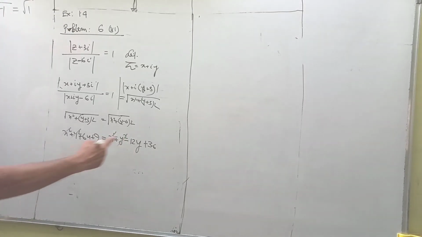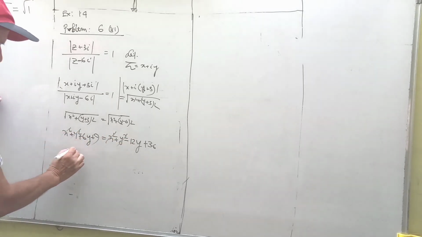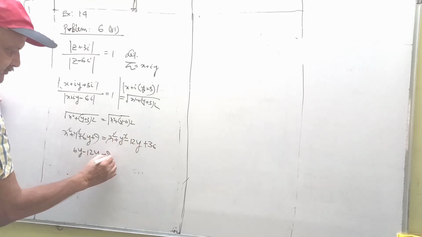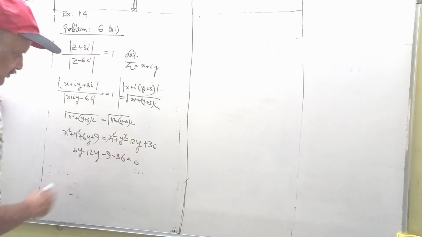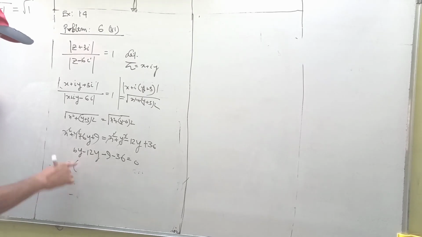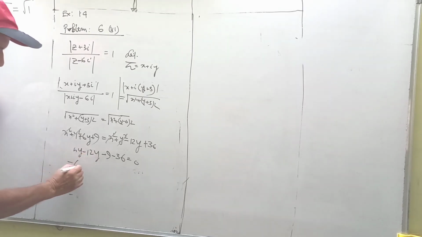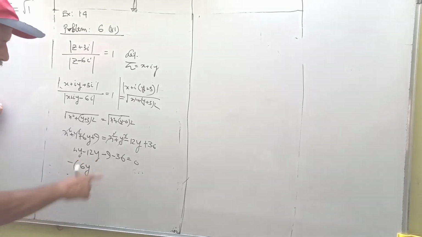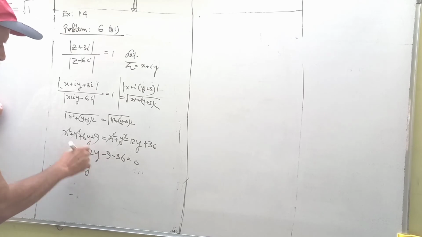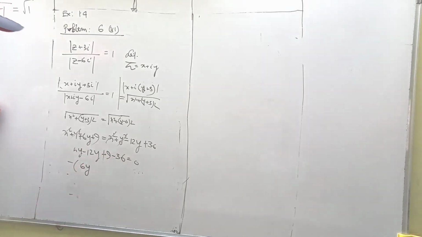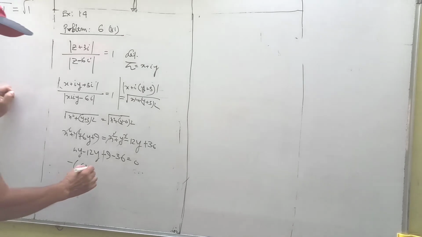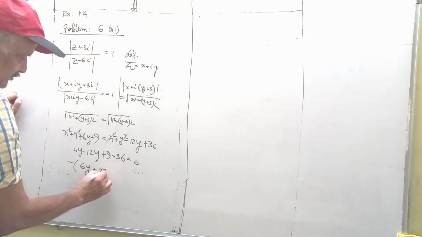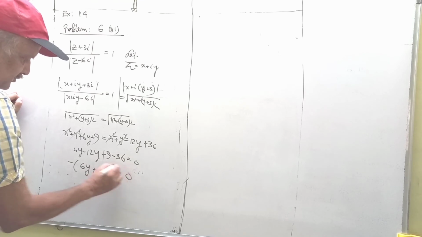Now here 6y and 12y, 9 minus 36 equal to 0. 6y plus 12y, that is 18y, and minus 27 equal to 0.